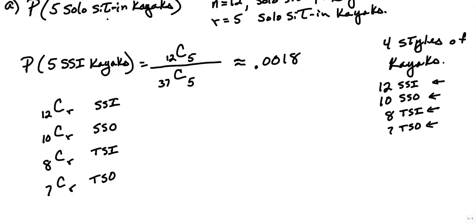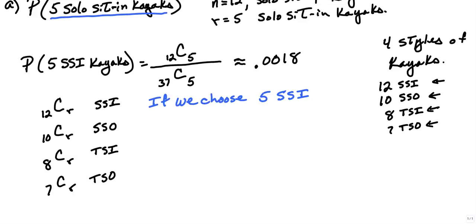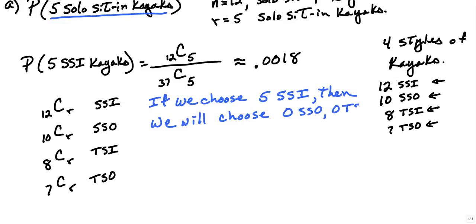Now, in the problem that we just did, we wanted to find the probability that we will choose 5 solo sit-in kayaks, which means that if we choose 5 solo sit-in kayaks, then we will choose 0 solo sit-on kayaks, 0 tandem sit-in kayaks, and 0 tandem sit-on kayaks.